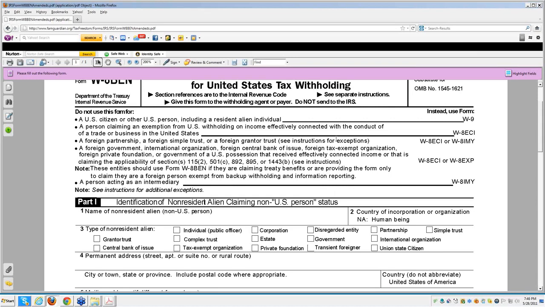So we're not U.S. citizens, we're not U.S. persons, and we're not resident aliens. So it doesn't apply. Right? We're not a foreign government. So you put part 1 here.